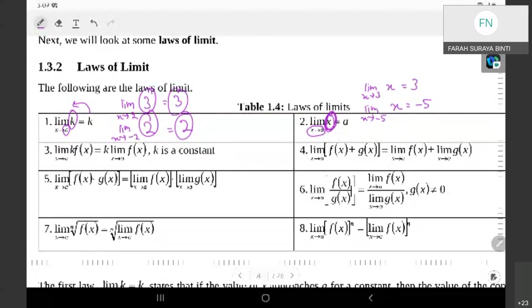And then law of limit number 3. Limit x approach any numbers. Awak tengok function dia bentuk macam ni. Okay. So, k tu boleh bawa ke depan. Contohnya macam ni.